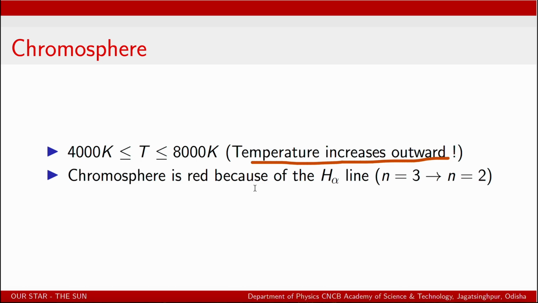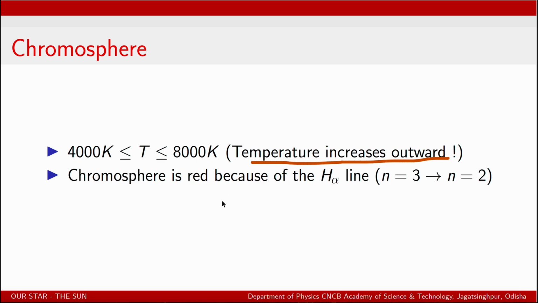In those hydrogen atoms, the n equals 3 to n equals 2 transition takes place, which is a line in the Balmer series, I think. And because the frequency is red, that's why the chromosphere appears red.